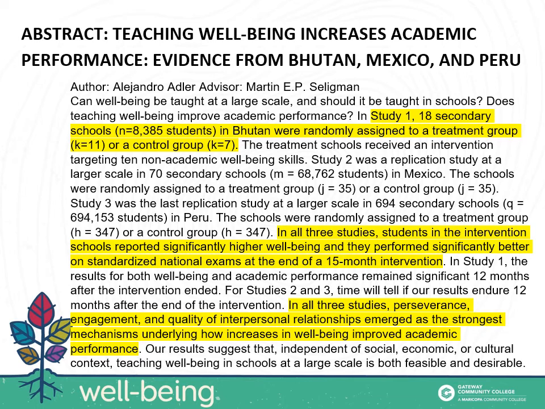The first one included 18 secondary schools, and the N is the number. So the number of participants was 8,385 students in Bhutan, randomly assigned to a treatment or control group, which is one of the strongest and most sophisticated types of research design. So they received an intervention. Study 2 replicated the study from Bhutan, but on a bigger scale, with 70 schools and almost 69,000 students.